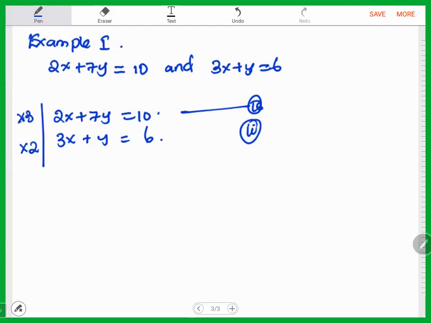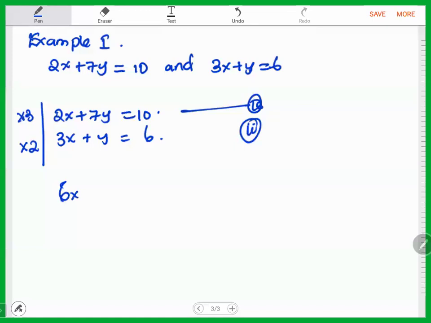I'm picking this 3 to multiply equation 1, and this 2 to multiply the other. Now, 3 times 2 gives me 6x. 3 times 7 is plus 21y. 3 times 10 gives us 30. As I multiply that coefficient, I do it to the entire equation.